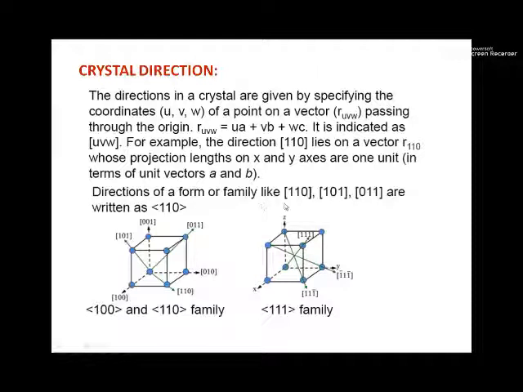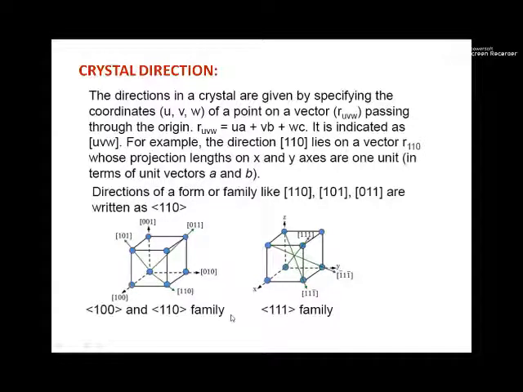So the direction of the family like 1 1 0, and this is also 1 0 1, this is also 0 1 1, these three are obviously the same family. So 1 0 0, 0 1 0 and 0 0 1, these are three of a family. Again these green ones are also some family.